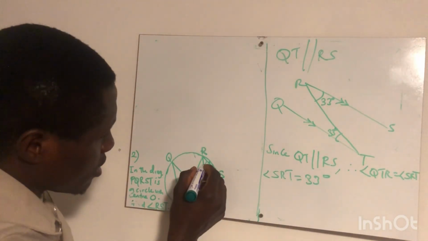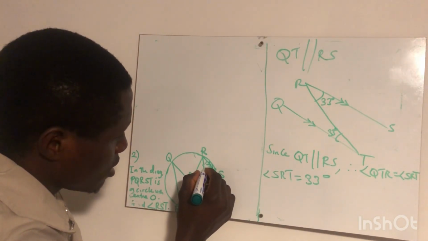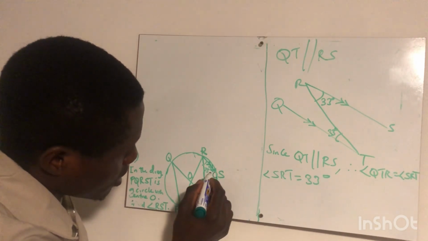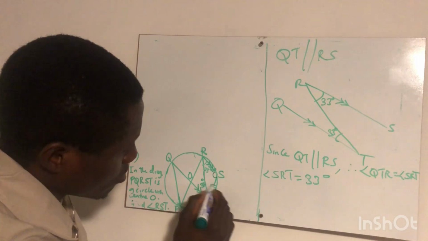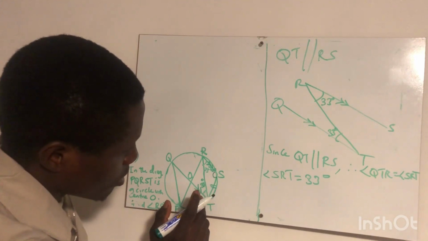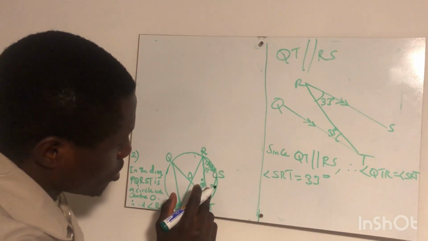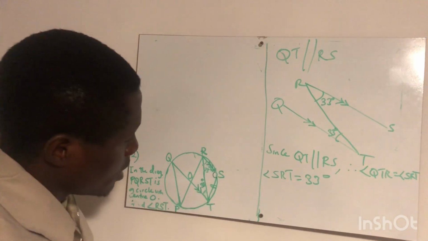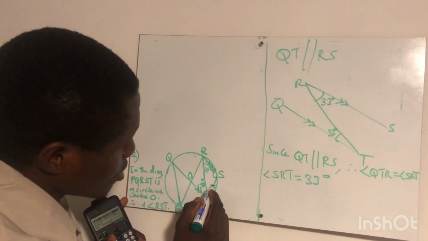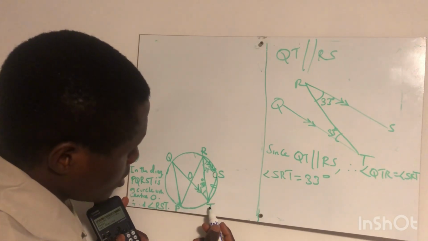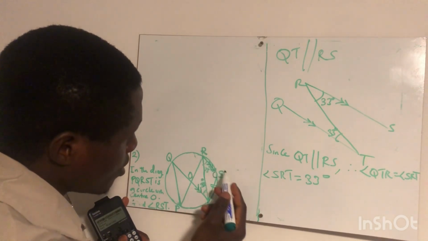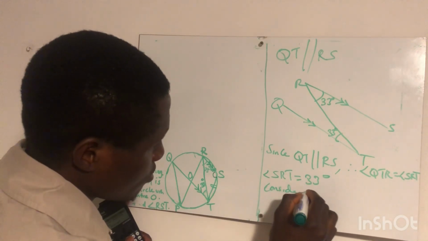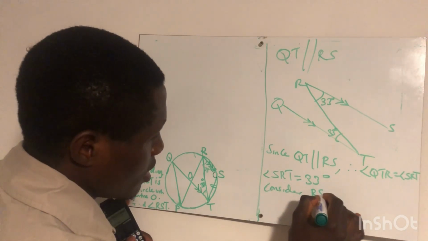If this is 33 degrees, this is going to be 33 degrees also. Now look at these two angles again. You have to look at this closely, because I drew this diagram very small, and you can see the diagram also on the screen. This line as well is indicating something. Consider triangle RXT.